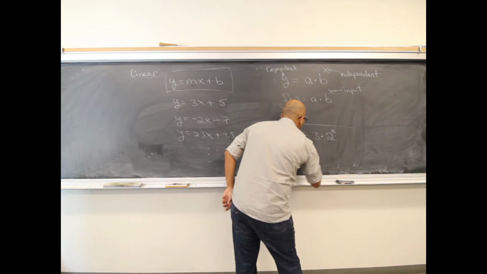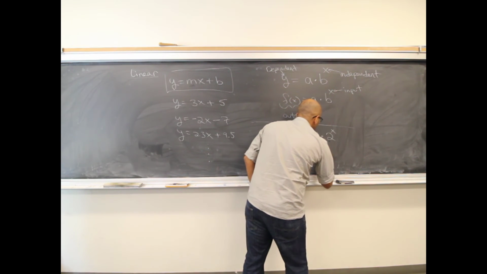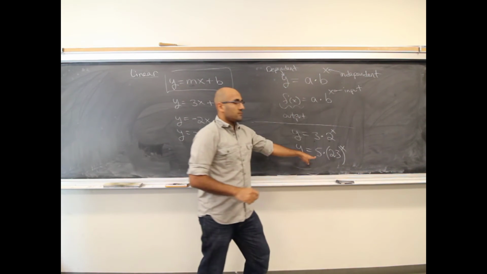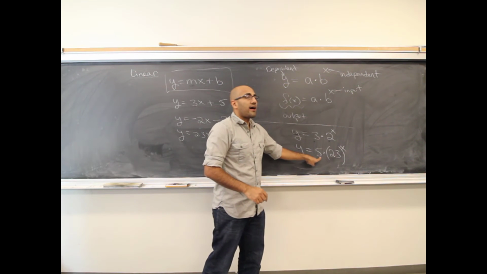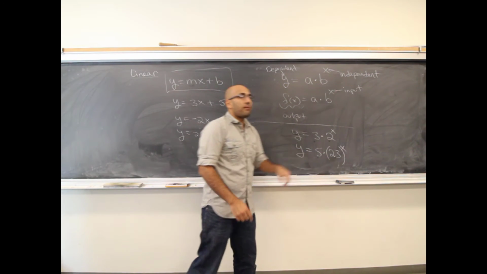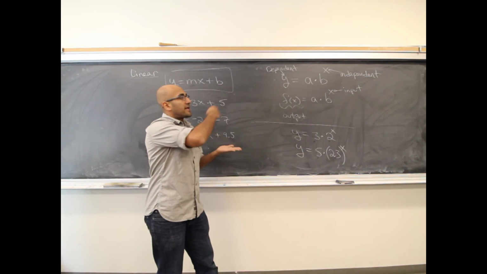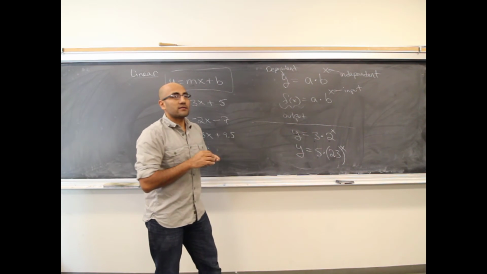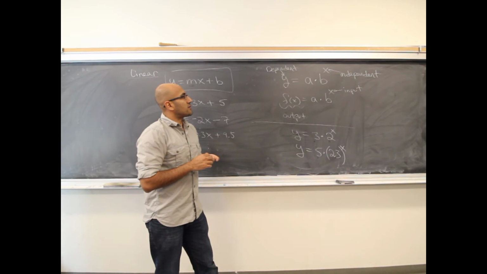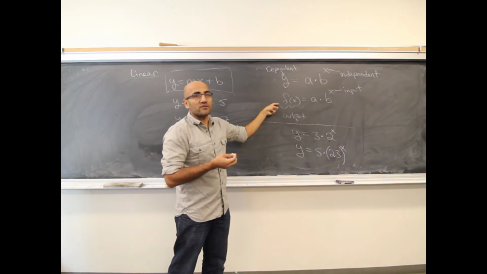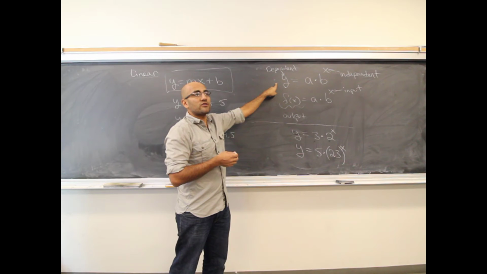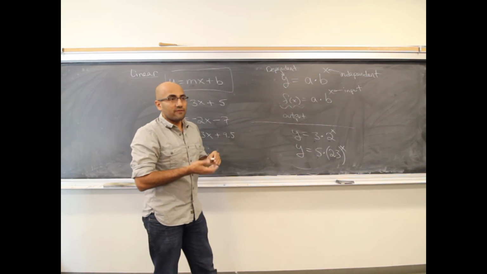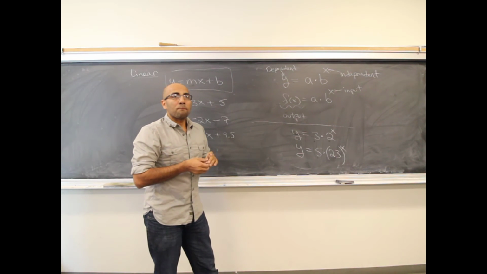Or we can have another one like this, how about 5 times 2.3 to the x power. Here the role of a is being played by a 5, and the role of b is being played by a 2.3. Okay, so we can have different choices of a and b to be able to generate exponential equations or exponential functions. Good? Exponential equation with the y, and then when we write it in this style of notation, then it's a function. Function notation. Good? Any questions?